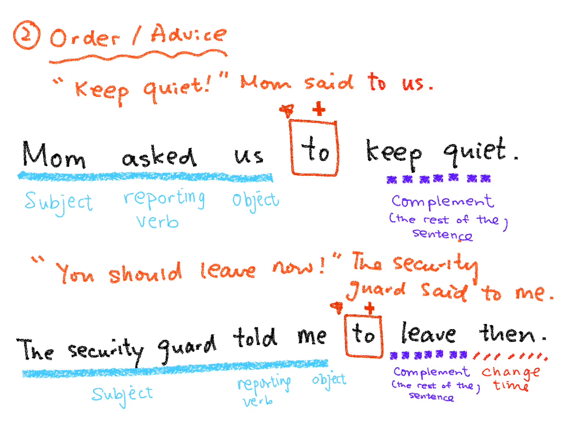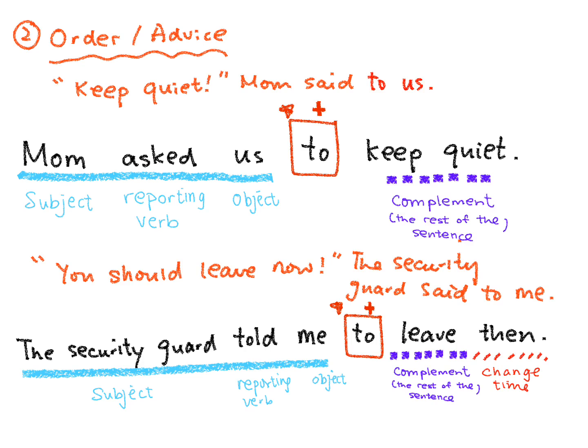But this time, because it's an order or advice, we ask somebody to do something. So you need to add to this word in the indirect speech. Mom asked us to do what? Keep quiet. Basically, just bring the whole sentence into the indirect speech as the rest of the sentence as a complement.